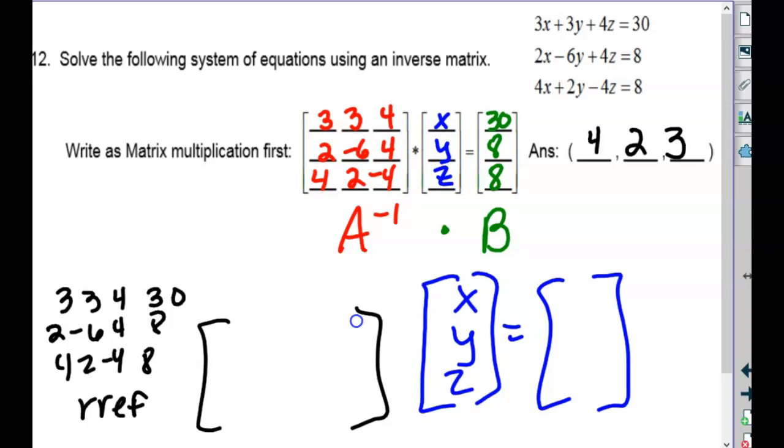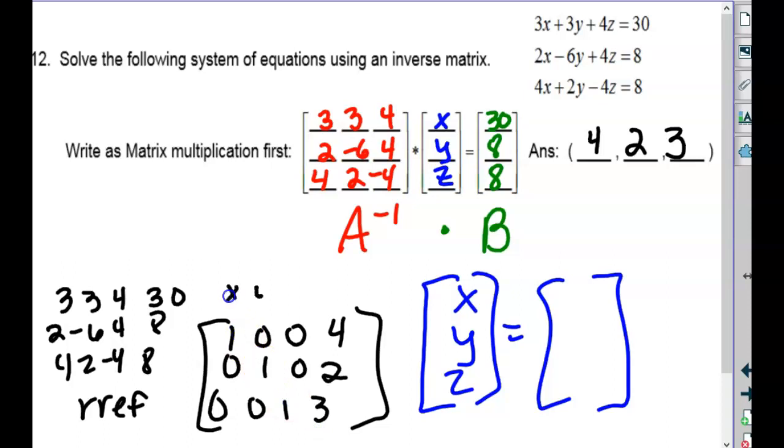It would be 1, 0, 0, 4, 0, 1, 0, 2, 0, 0, 1, 3. Remember how that goes? This is X, Y, Z: X equals 4, Y equals 2, Z equals 3. I'm just trying to tie those things together in your brain. We good?